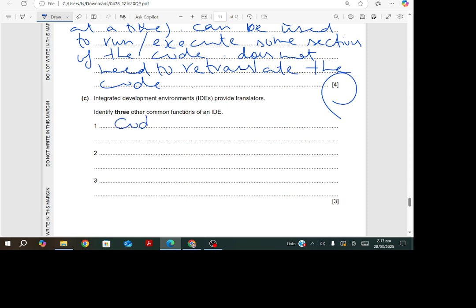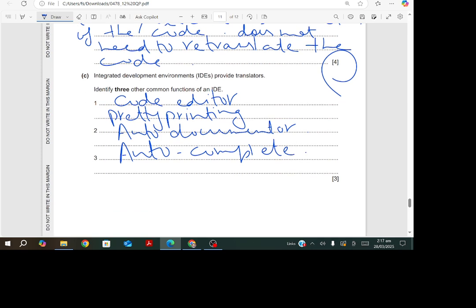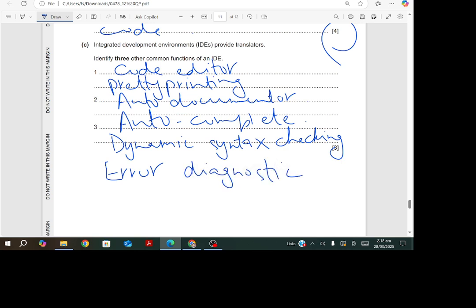It consists of a code editor, then it also provides us the facility of pretty printing, then auto documenter, then the autocomplete feature is there, then dynamic syntax checking, then an error diagnostic option is there. So these are the many options available.